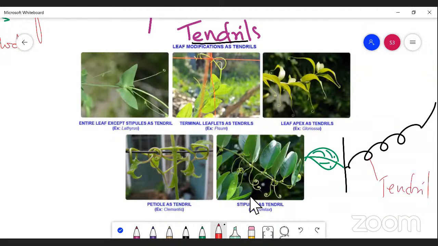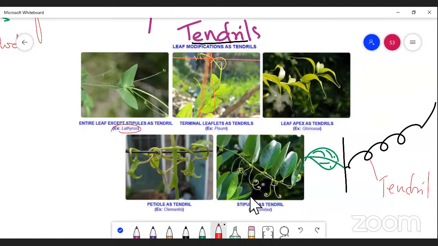Sometimes the entire leaf is modified into a tendril. Example, Lathyrus aphaca. That is the first example. Sometimes the terminal leaflets are modified into tendrils. In the second diagram, my dear student, you find the terminal leaflets.